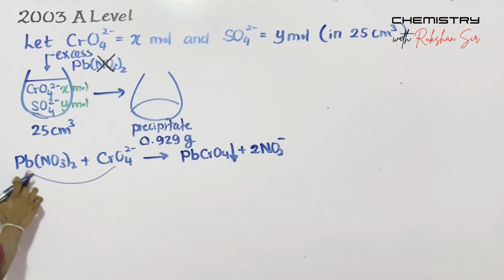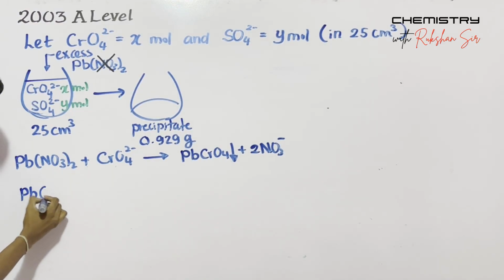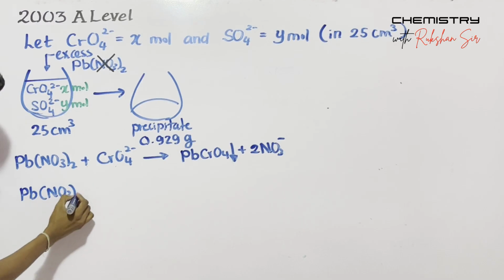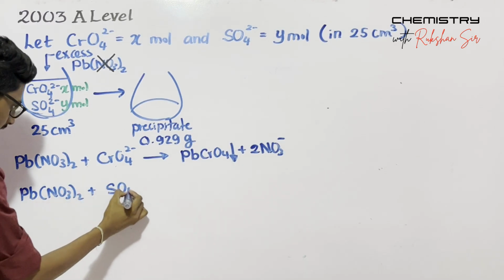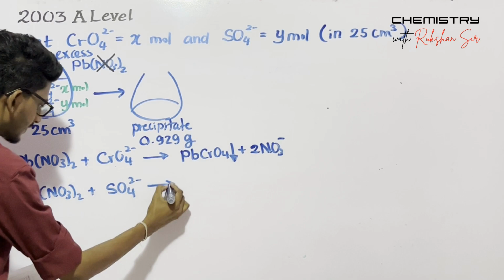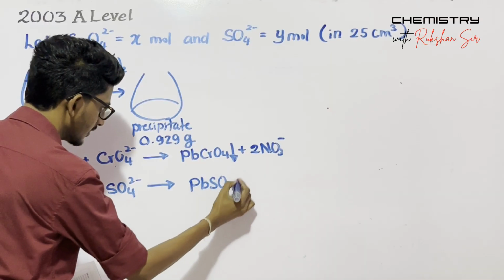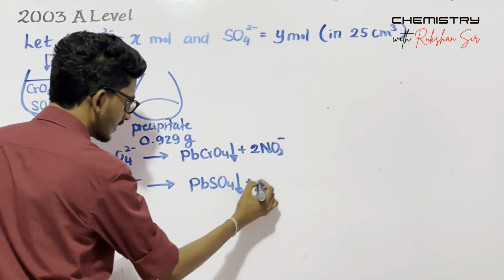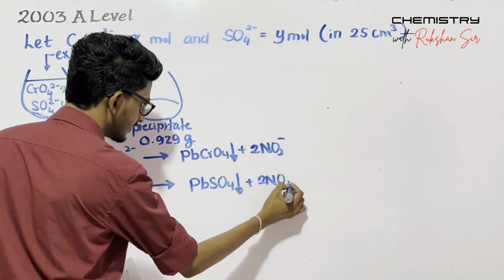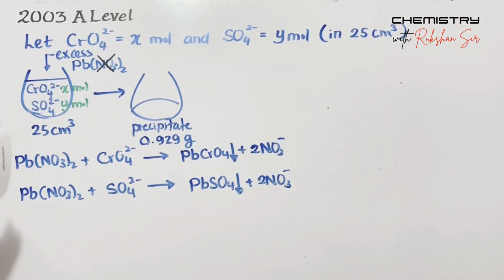So that is the first equation. The second equation is lead nitrate reacting with your sulfate ions. Lead sulfate is your precipitate, and the 2 nitrate ions are released to the solution.